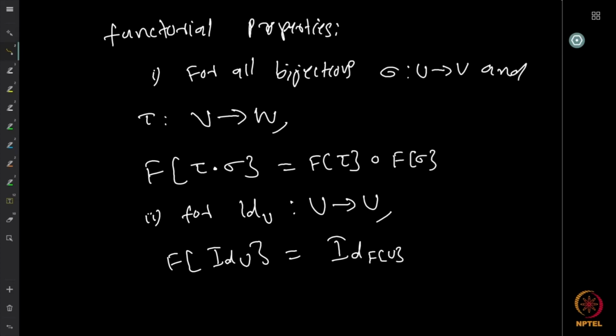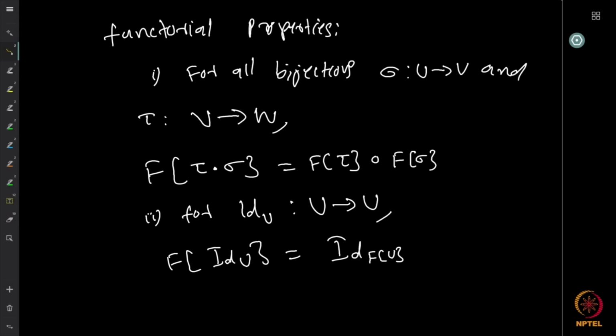It takes U to W. So F[τ∘σ] is basically F[τ]∘F[σ]. Because F[σ] is the transport of σ, which takes elements of F[U] to F[V].